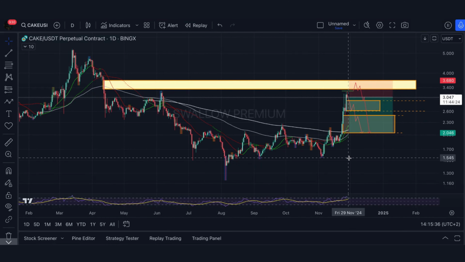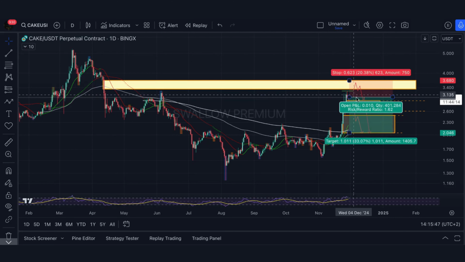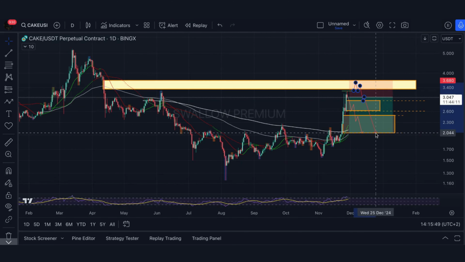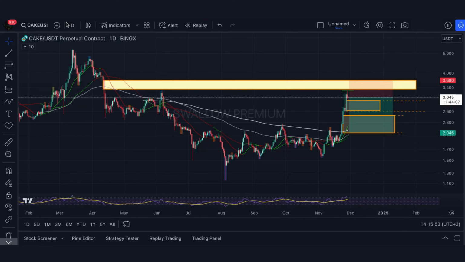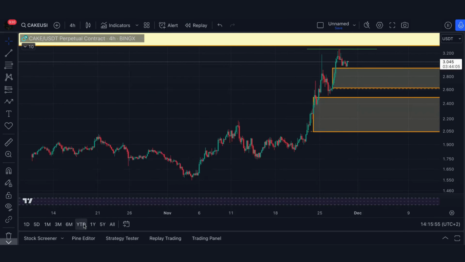And considering we are currently pretty close to the actual bull run, it won't be logical to just shoot from here and then later on during the bull run come and reclaim those zones. So let's remove these and go on a 4 hour time frame now.